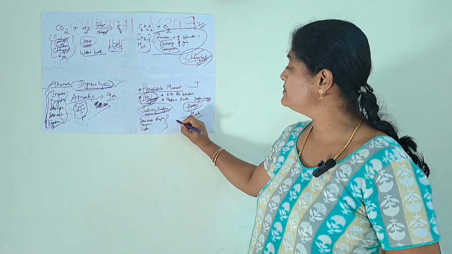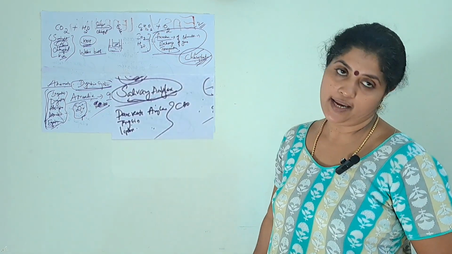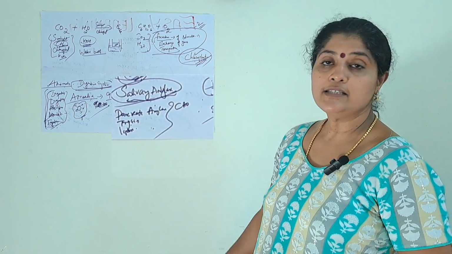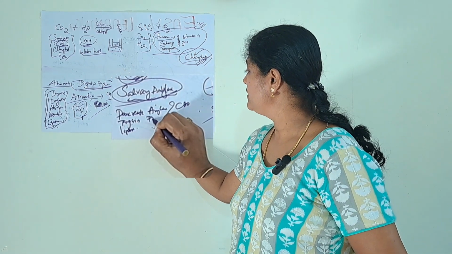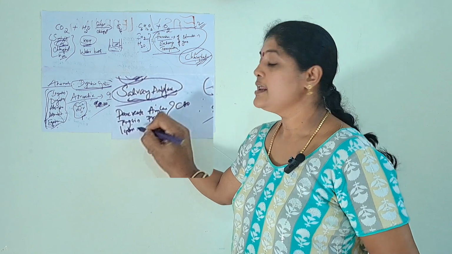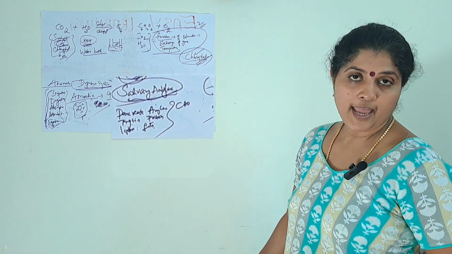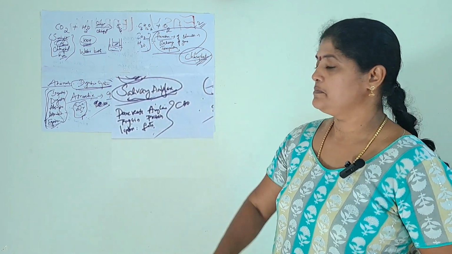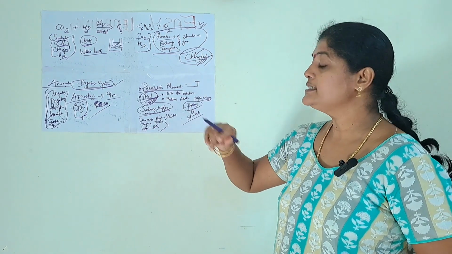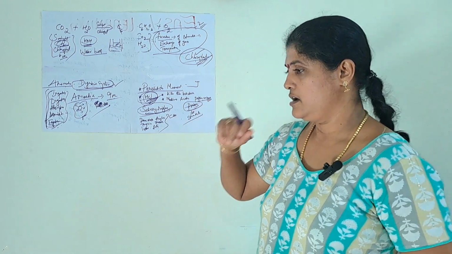Pancreatic amylase helps in the digestion of carbohydrates. Trypsin helps in the digestion of protein. And lipase helps in the digestion of fats. So these are the three main enzymes present in the pancreas.